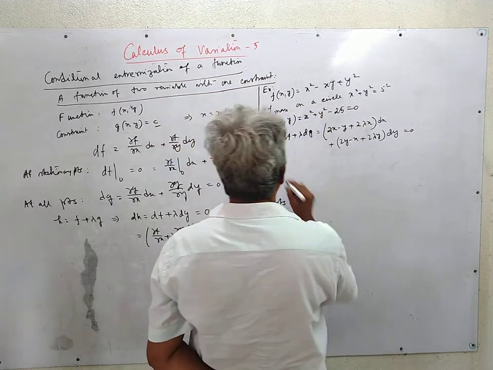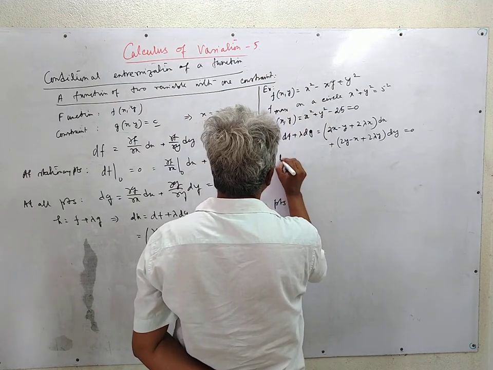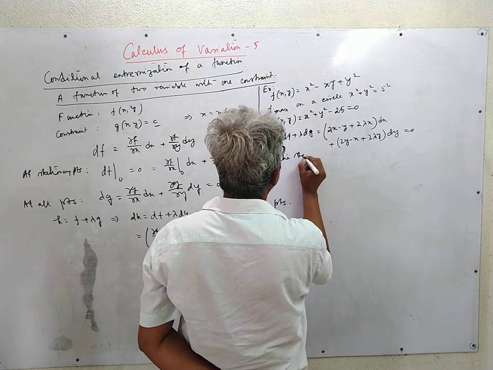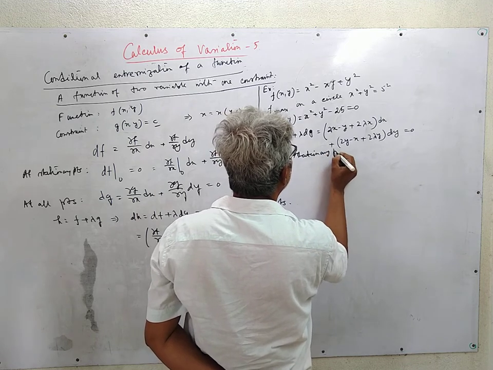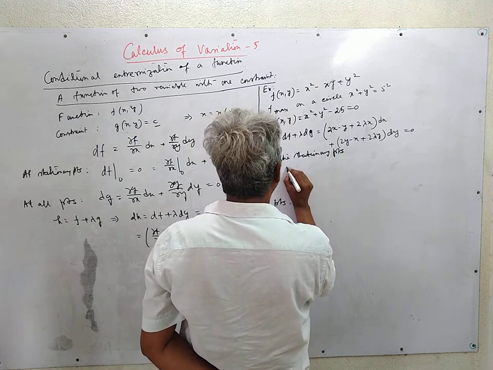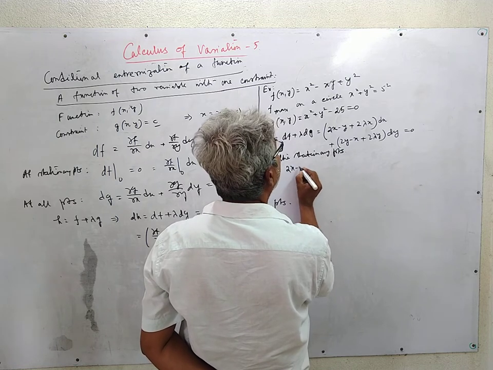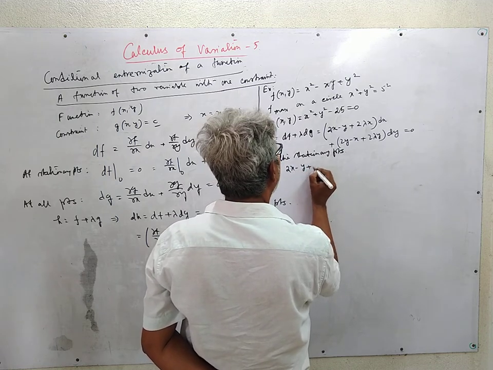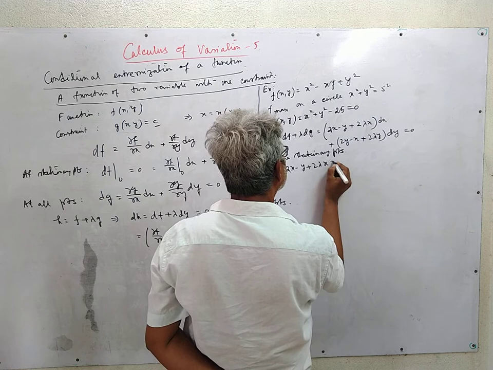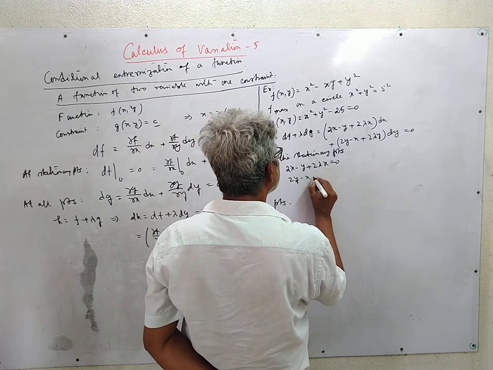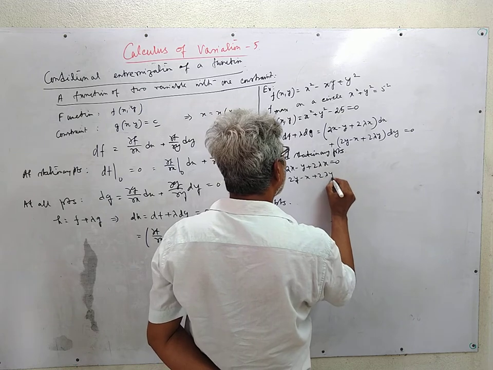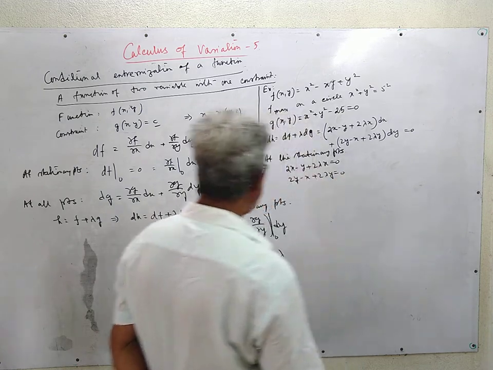So at the stationary points we have 2x − y + 2λx = 0 and 2y − x + 2λy = 0.